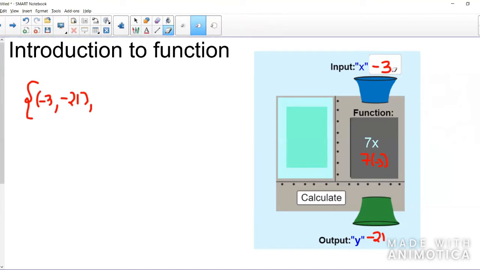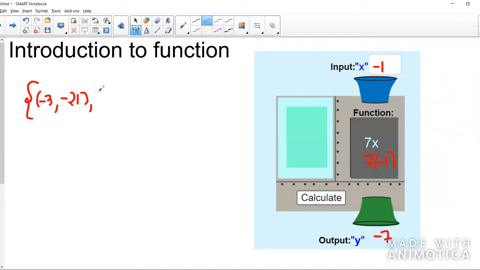Let's find another input. Let's just say -1. If that is -1, what will be the output? So that will be 7 times -1. Oops, it's +7 times -1, which is -7.